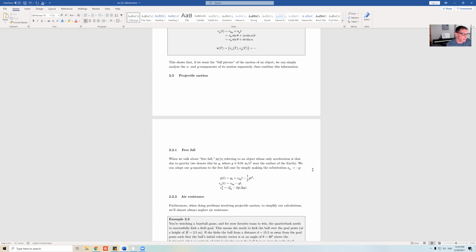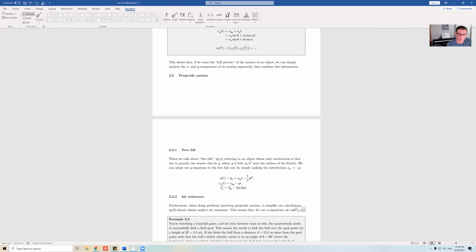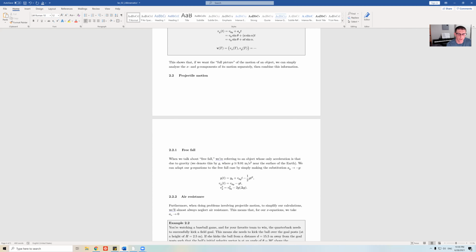So anyway, this means that for our x equations, we just take, and this is nice, the x acceleration is 0, right? So that's going to simplify these quite a bit.